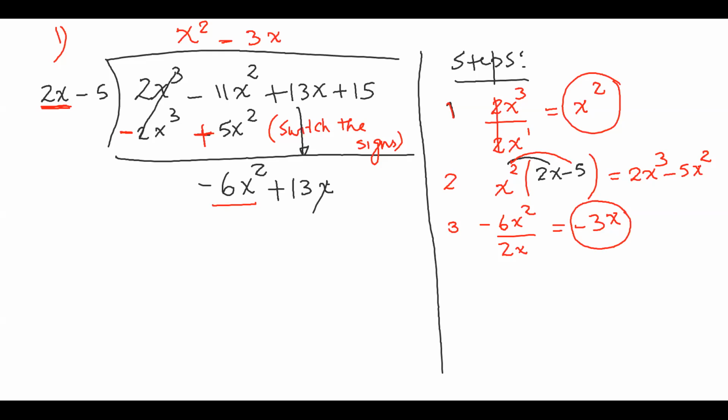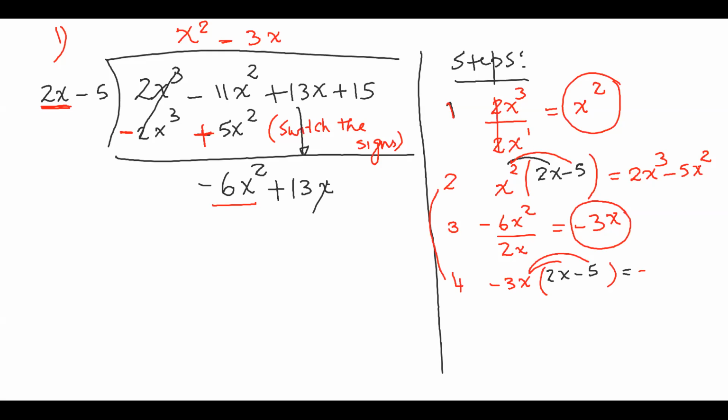Okay, so again, step number 4 is same as step number 2. They both are same. You bring this negative 3x here, and you're going to multiply this with the divisor, which is 2x minus 5. So always we are going to multiply the quotient with the divisor. So now distribute this negative 3x.